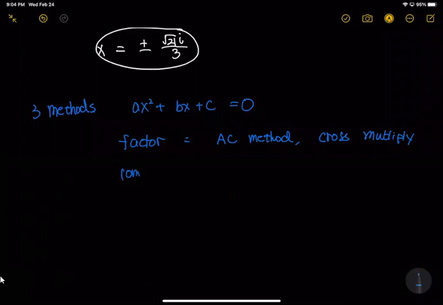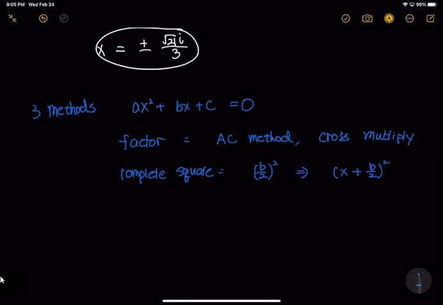We can also complete the square, what we learned in the last class, to find b over 2 squared. We add them on both sides and then subtract them. So the function is going to become x plus b over 2 squared.